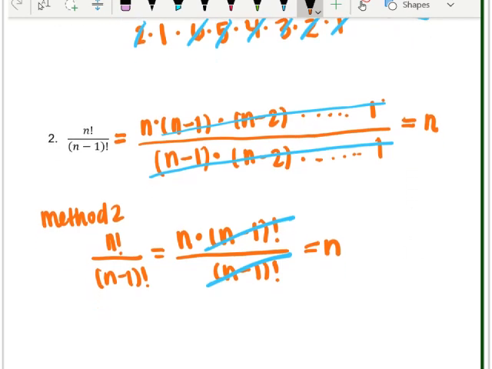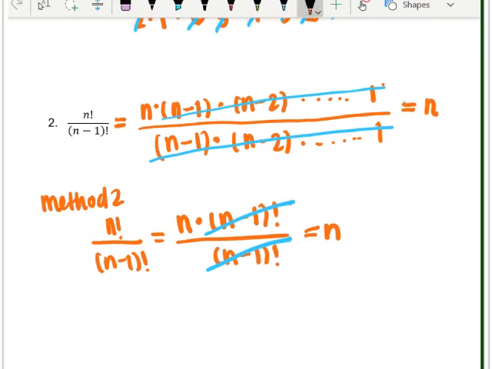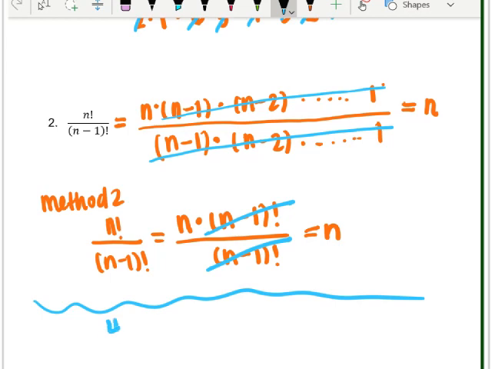So basically, the reason why this works is because, let's say you take 4 factorial, well, that's the same thing as saying 4 times 3 factorial, because you would basically be able to expand 3 and still get 4 factorial.